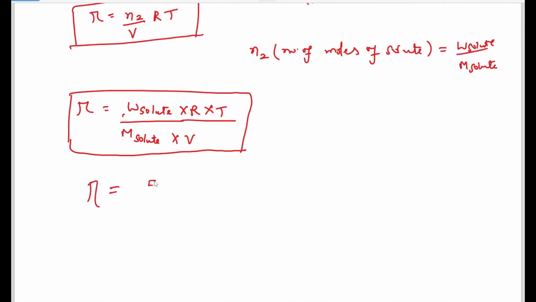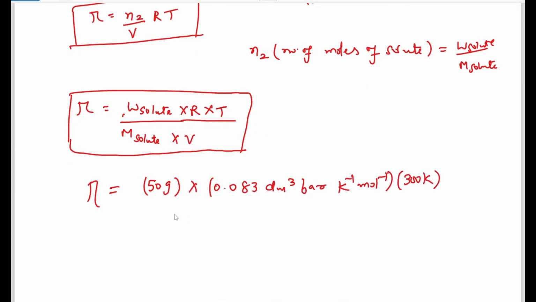Mass of the solute is given, 50 gram. Value of R is 0.083 decimeter cube bar per Kelvin per mole, and temperature is 300 Kelvin. Molar mass of solute is 90,000 gram per mole.